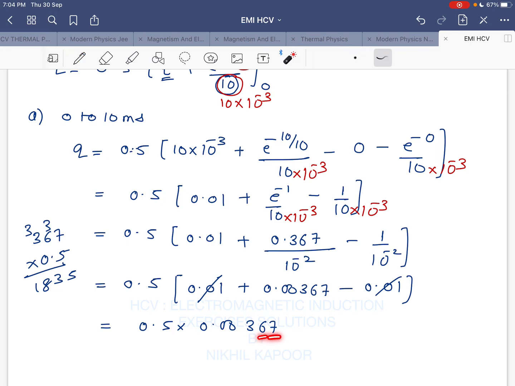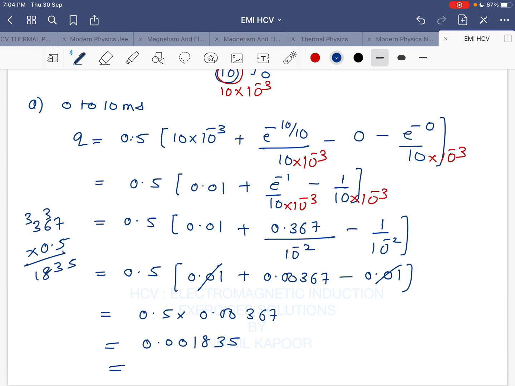The decimal point will be after 1, 2, 3, 4, 5 and 6 digits. Okay, and if you solve this, we can write this answer in millicoulomb. So that comes out to be 1.835 millicoulomb.